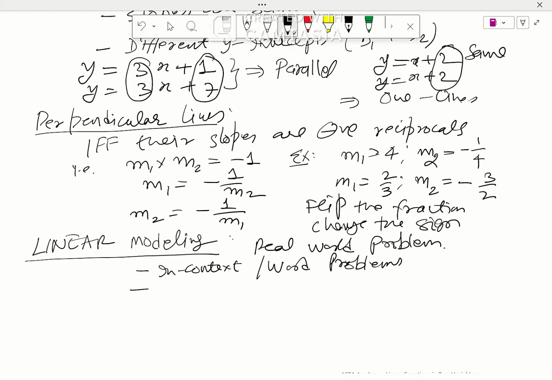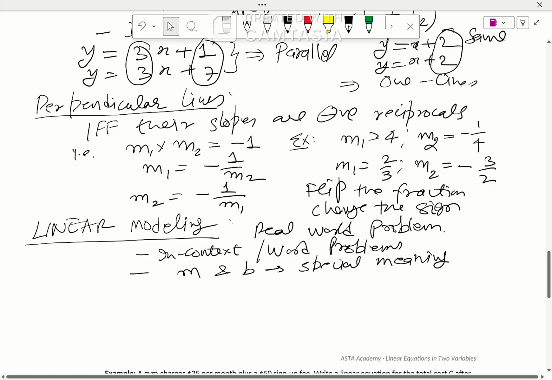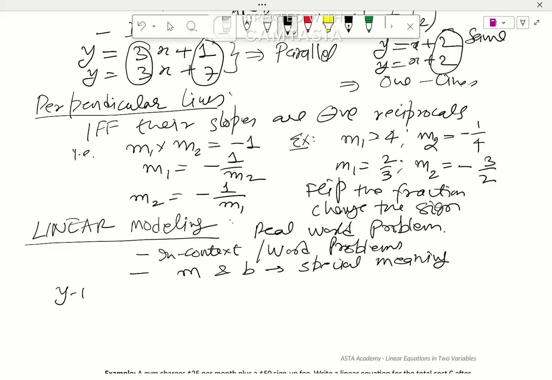Now in these, the slope and the intercept have special meaning. When you read the paragraph, slope and intercept should be obvious. So the y-intercept or b will be the starting point or starting value in the problem, or you can say the initial value, or some fixed amount.